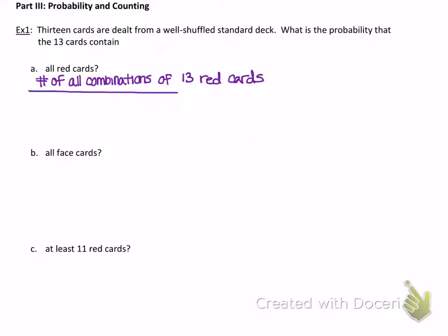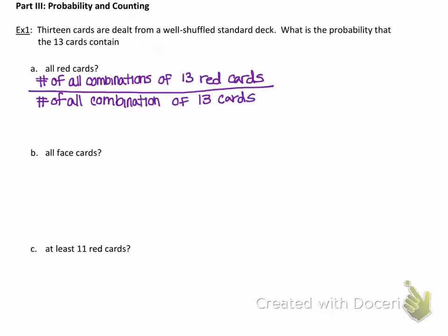What is this all out of? The number of all combinations of just choosing 13 cards. We're going to use a combination here because I have 52 total cards and I'm just going to choose 13.